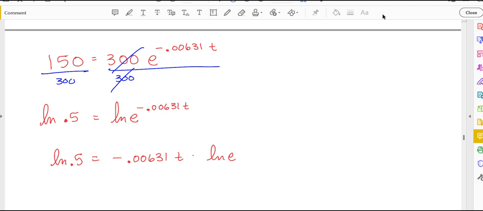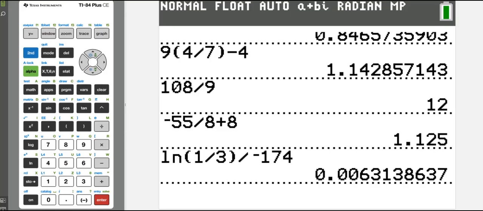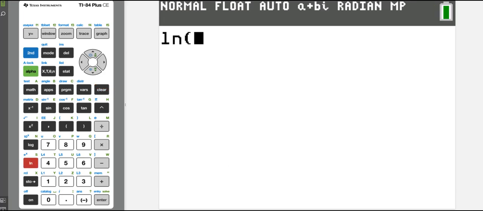Divide both sides by negative 0.00631. And what is t going to be? T will be natural log of 0.5 divided by negative 0.00631.